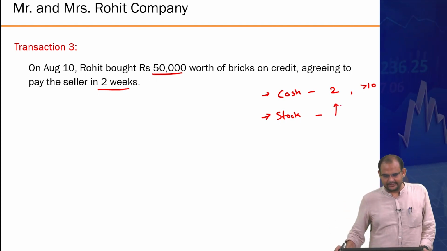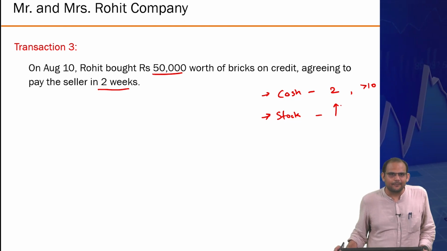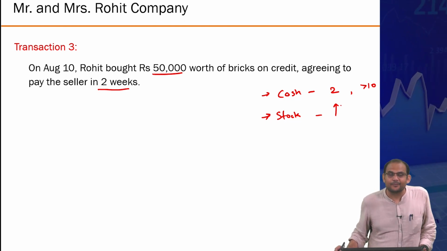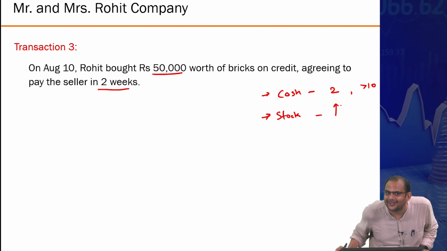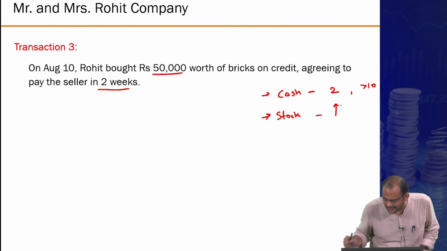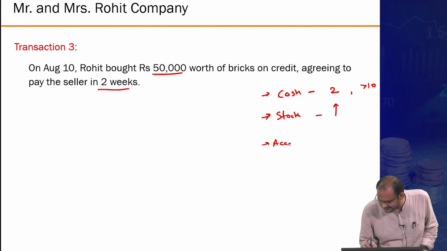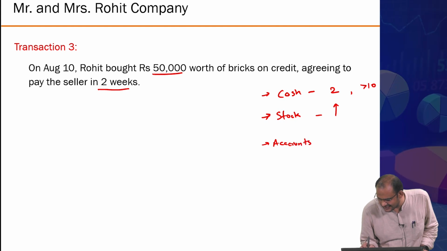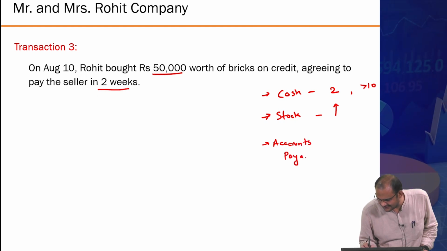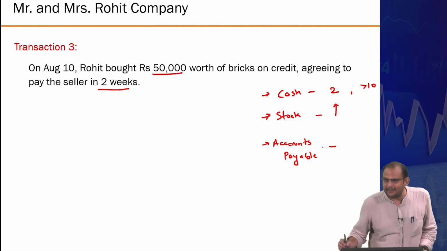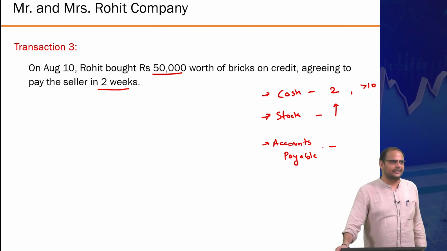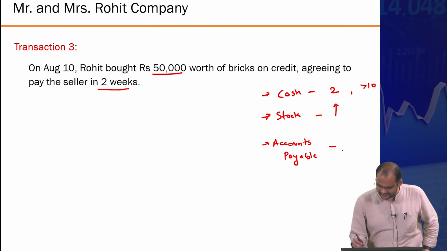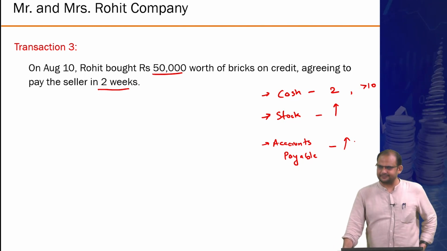What other assets are there? Sorry? Accounts payable. Is it an asset? It's a liability. Increases or decreases? Increases. Any other thing?